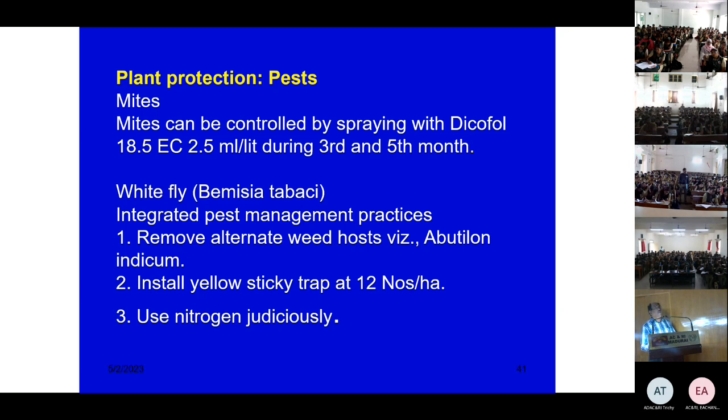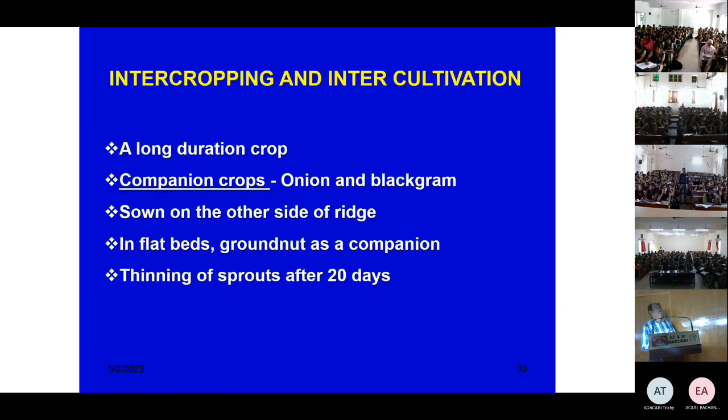So IPM practices, integrated pest management, are very effective: remove the alternate weed host, Abutilon indicum, incorporate yellow sticky traps, 12 numbers per hectare, and use nitrogen application judiciously.